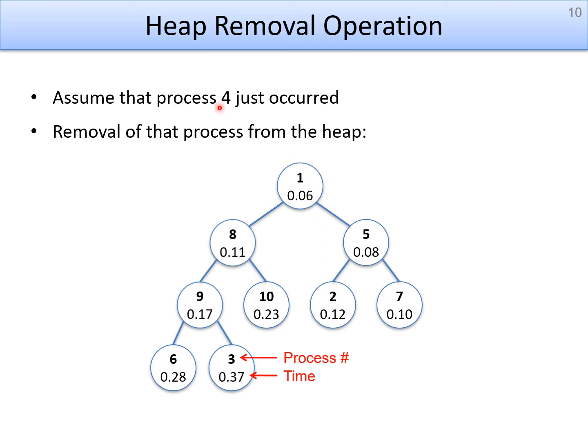So process number 4 just occurred, so our process numbers go like 1, 2, 3, 4 is missing, and then we have 5, 6, etc. So we would like to relabel the 10th process to be the 4th process because we want to have consecutive numbers in our labeling. So this 10 is going to be renamed to 4. So this completes the heap removal operation.